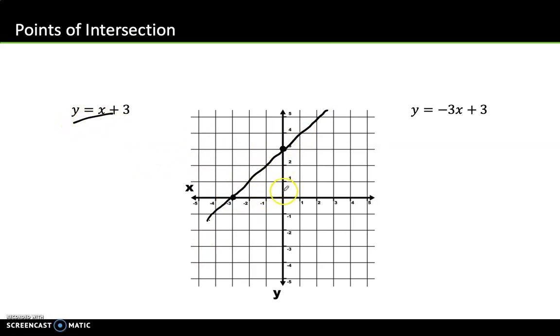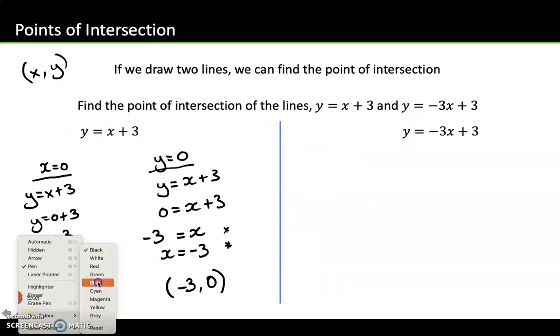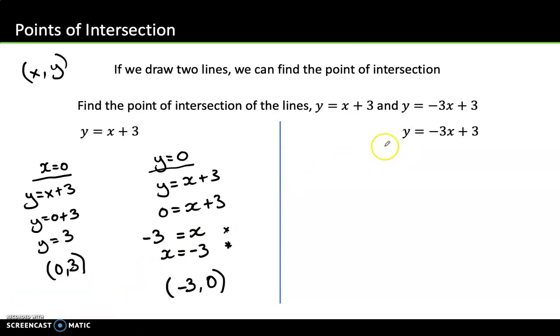And now what I'm going to do is I'm going to do this line, but I'm going to do it in blue, okay? So we're going to do the exact same thing. We let x equals 0, solve for y, and we let y equals 0, solve for x. So when x is equal to 0, y is equal to minus 3x plus 3.